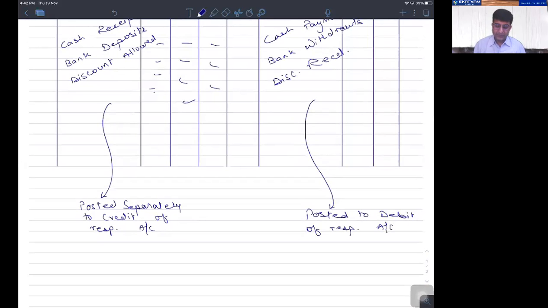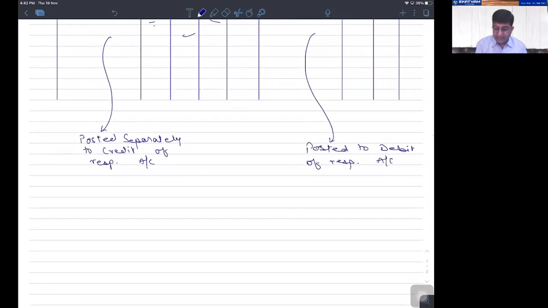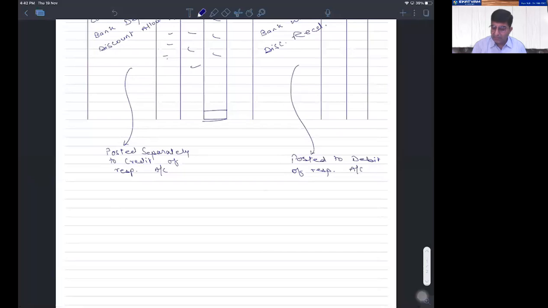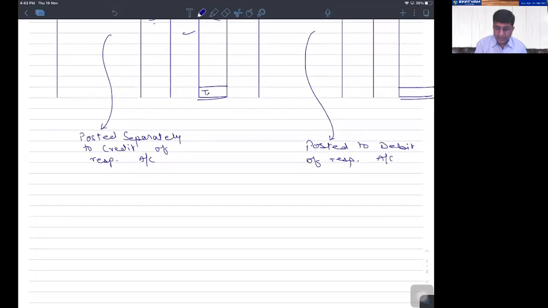All right. Now, as far as the discount column is concerned, discount column is not balanced. The discount column is actually totaled.